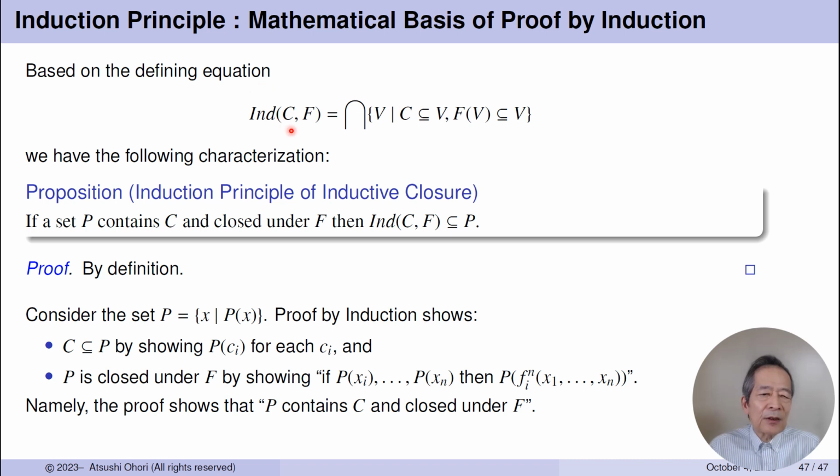From this defining equation, we have the following characterization. Proposition, usually called the induction principle of inductive closure: if a set P contains C and is closed under F, then the inductive closure is a subset of P. And those who have followed so far immediately see that this property is trivial.